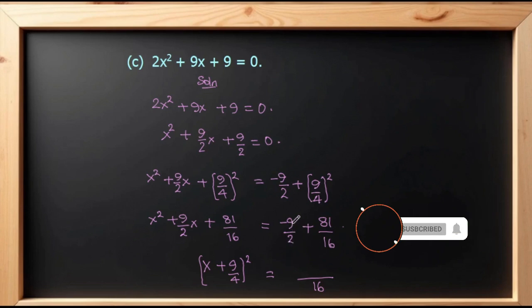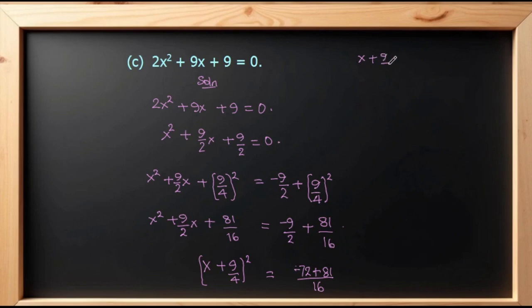So 8 times 9, we get 72, and this should be negative. So plus, we have here 16 by 16 goes 1 times 81, we also have 81. And if we simplify this, we get here 9. Now let's push it forward to this side, and we have our x plus 9 over 4 squared.